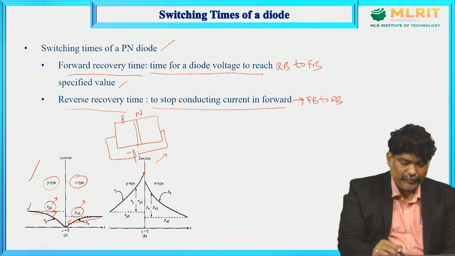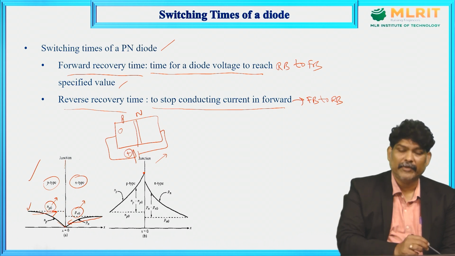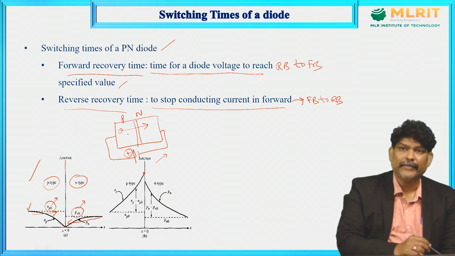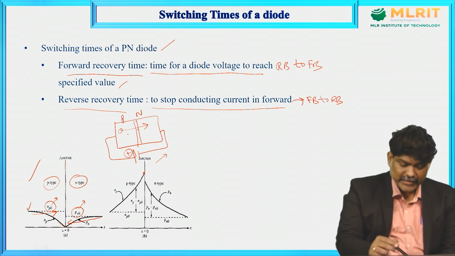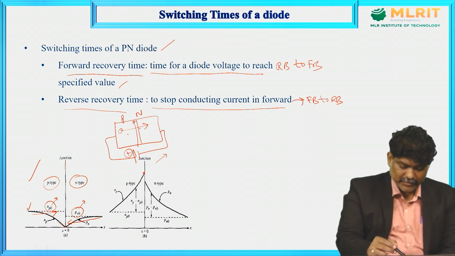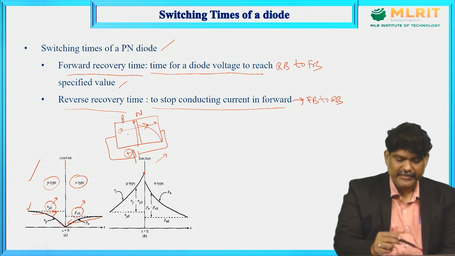The positive holes are repelled by the positive terminal, so they move towards the n-type material and cross the junction. In such a case, the carrier concentration at the junction initially increases, and as it moves away from the junction, the carrier concentration decreases. So that shows this figure.